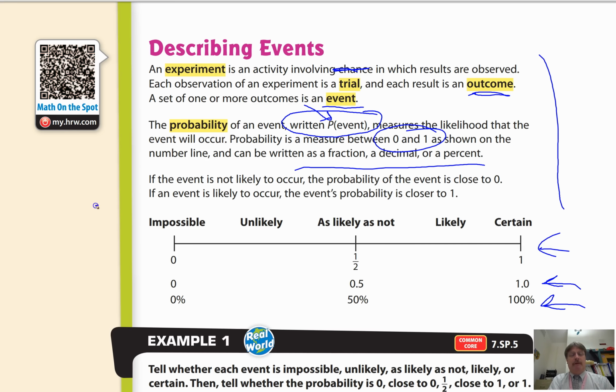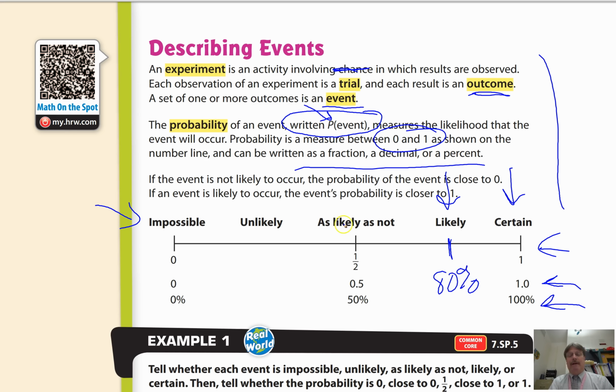We also have some wording here that helps us categorize where the event is occurring. If an event is a 1 or 100%, it's going to happen, that's a certain event. Then there's likely, which is not quite certain, maybe somewhere around 80%.